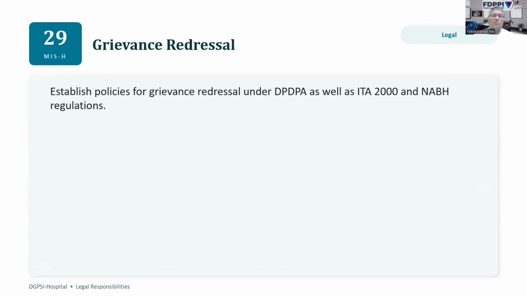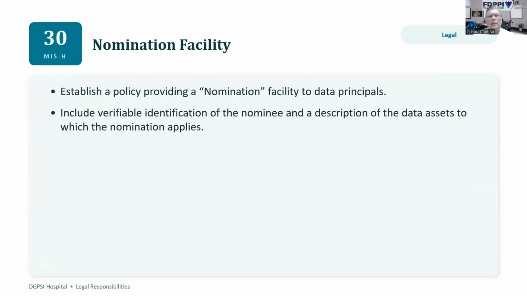Then if something is not resolved at the DPO level, try to establish an ombudsman, and if not, go to, say, mediation, so that before the complaining data principal goes to the Data Protection Board, there is sufficient opportunity to completely redress his grievance.